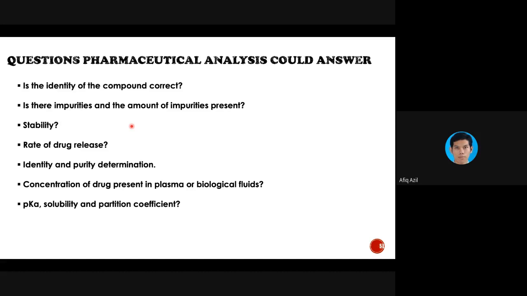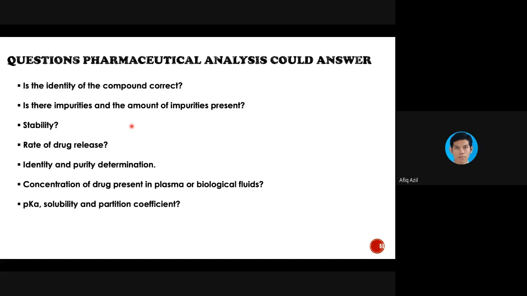You have to keep some for observation, and the test needs to be done periodically. There is a schedule. Normally it is done at 3 months, 6 months, 9 months, 12 months, and then 18 months, 24 months, or 2 years. If the drug expires in 3 years, then after 24 it will go to 30 and then 36.